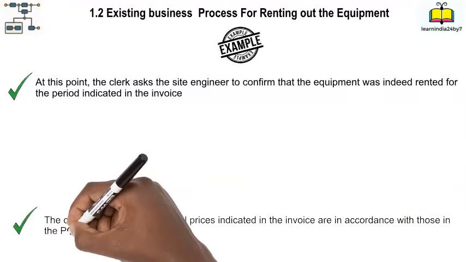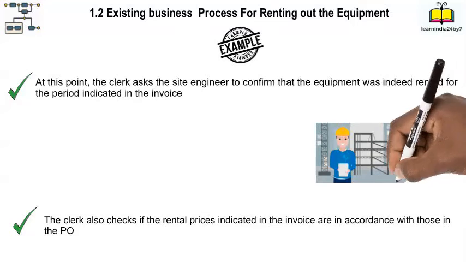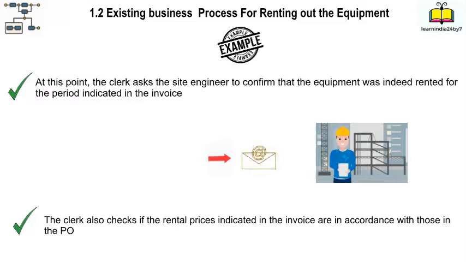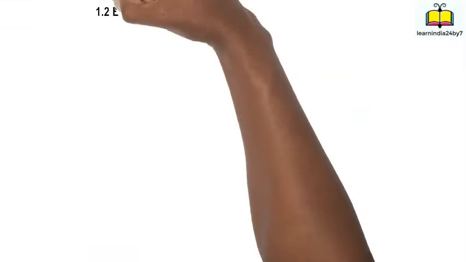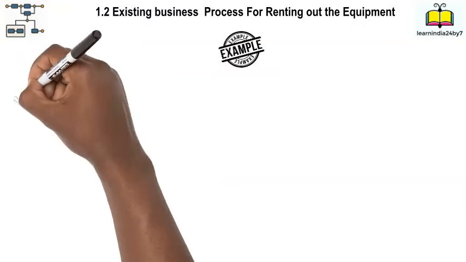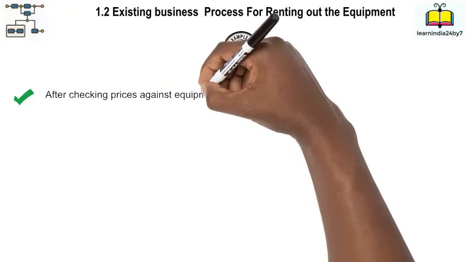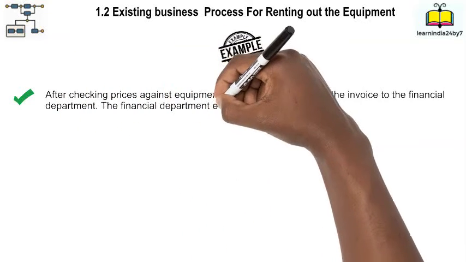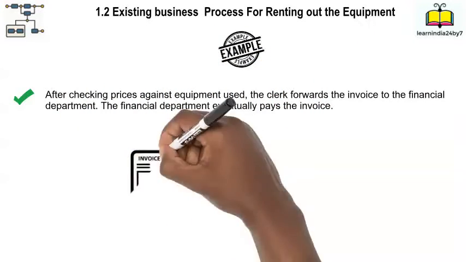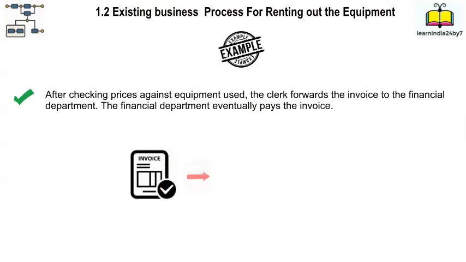And the clerk also checks if the rental prices indicated in the invoice are in accordance with the purchase order. After checking prices against the equipment used, the clerk forwards the invoice to the financial department, and finally the financial department pays the invoice.